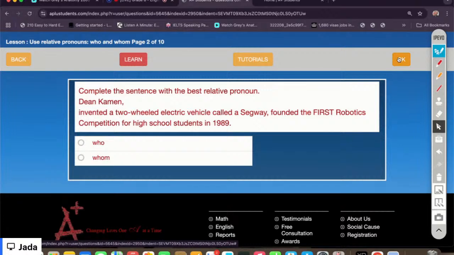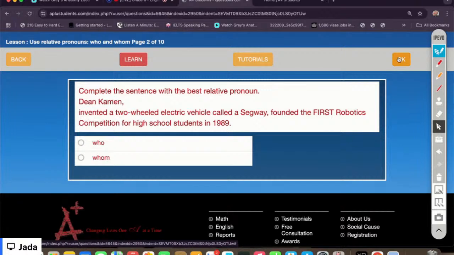So, complete the sentence with the best relative pronoun. Okay. Dean Kamen invented a two-wheeled electric vehicle called a Segway.